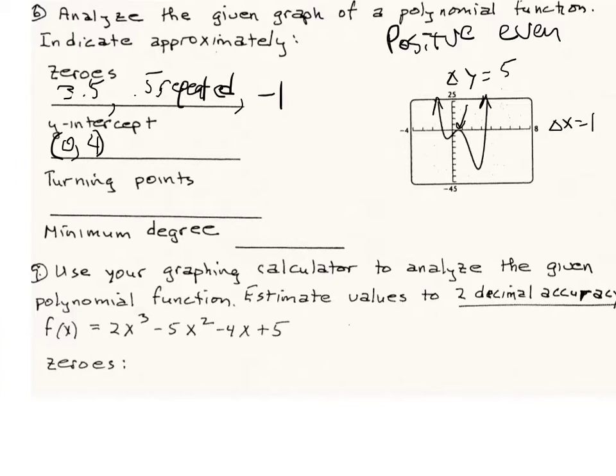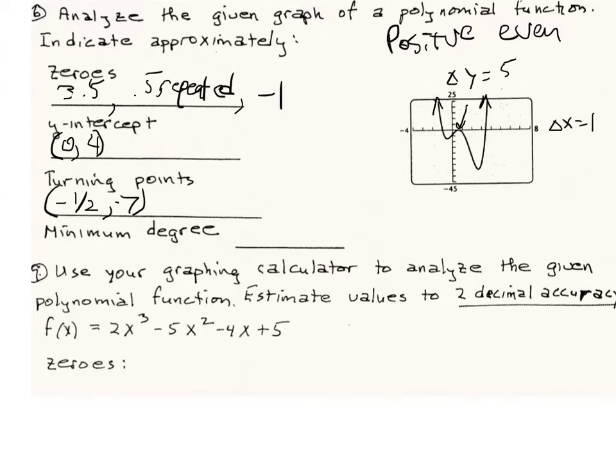My turning points, again, we have one minimum here, and that minimum looks to be about -1/2, comma, -7.